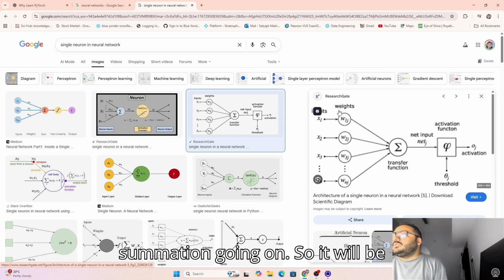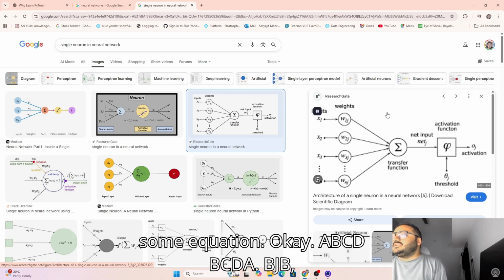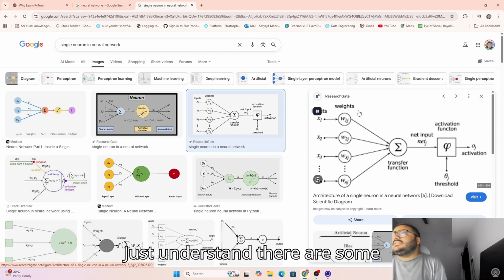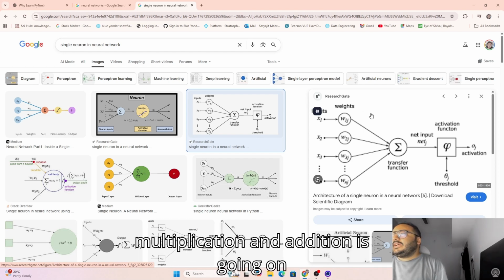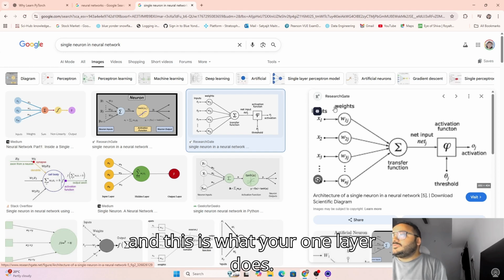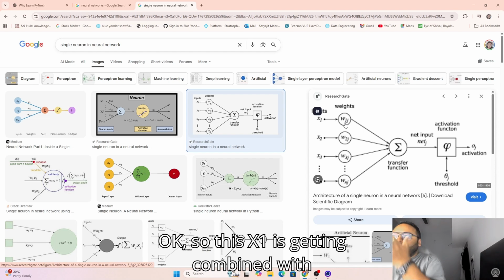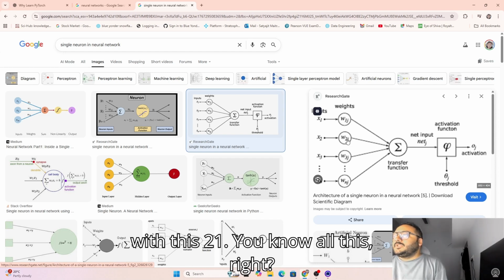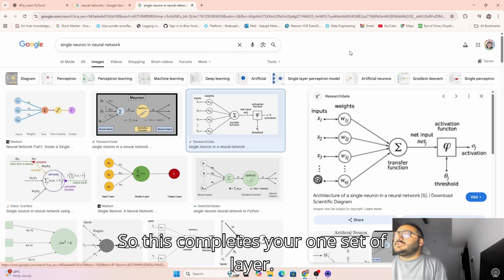So it will be some equation, like a b c d plus b c d a. You don't have to understand all of this. Just understand there is some multiplication and addition going on, and this is what one layer does. So this x1 is getting combined with this w11, this x2 is getting combined with this w21, and all this. So this completes one layer.